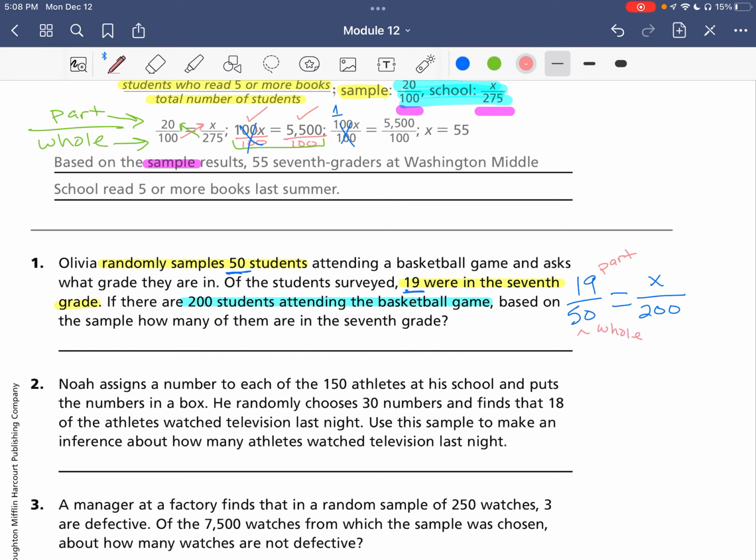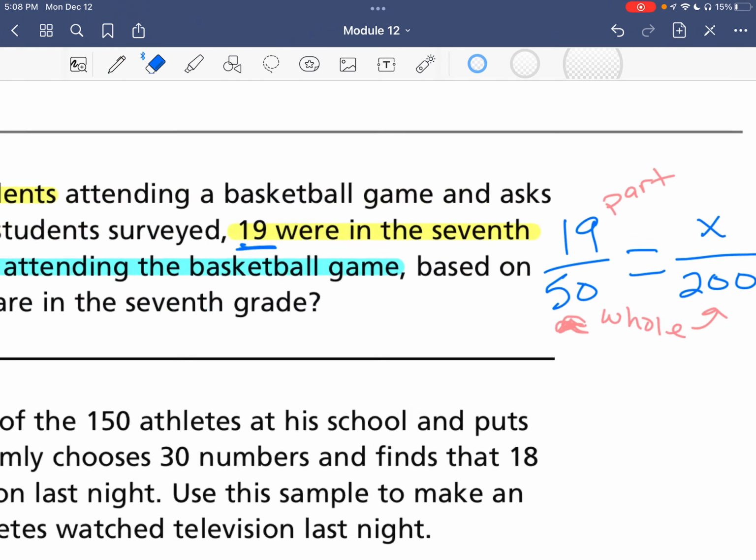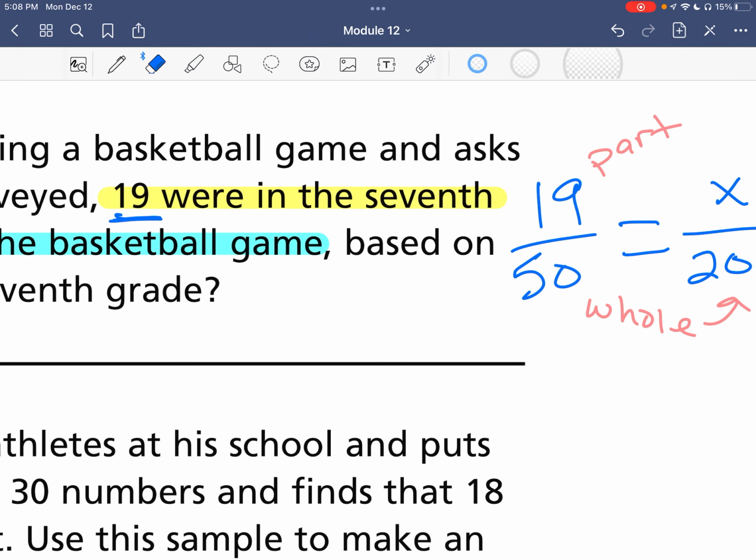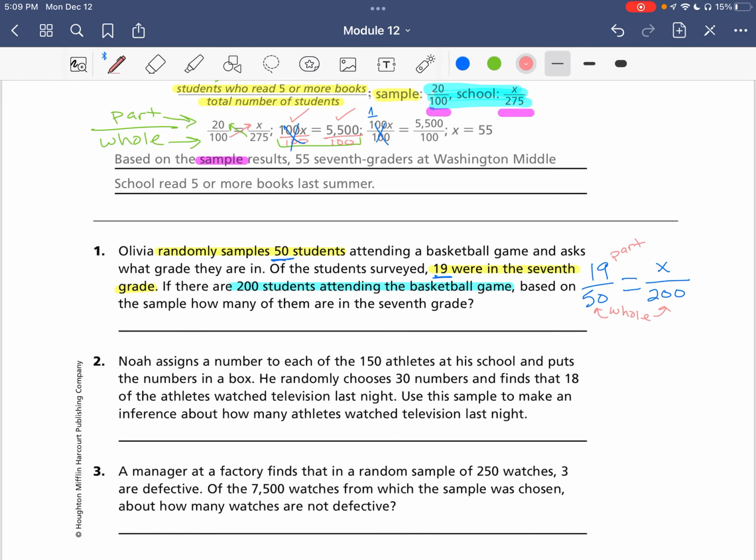So the whole amount is in my denominator. And then our part. So we're trying to figure out of the 200, knowing this is randomly sampled, what amount are seventh graders.